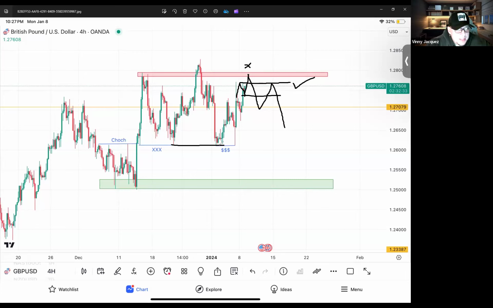Just because we don't get this change of character right here, right? I'm a big change of character trader. That's what I like. I like to see that. That gives me a way better confirmation, right? Because we can just continue to go higher. In all honesty, we can continue to go higher and just leave all this liquidity here as money, right? Even though we did take some and it went back.